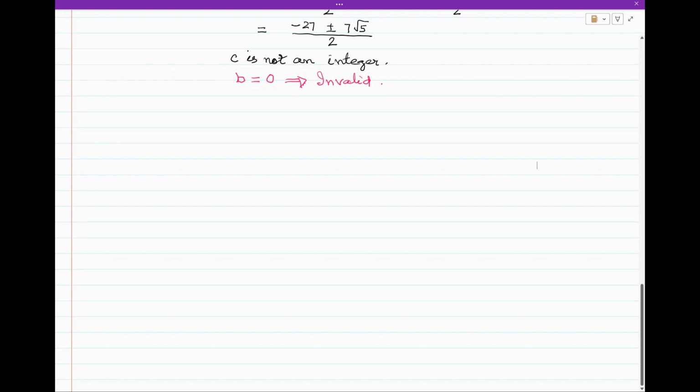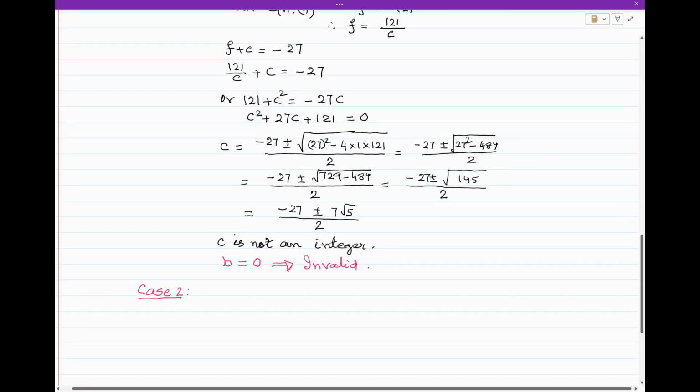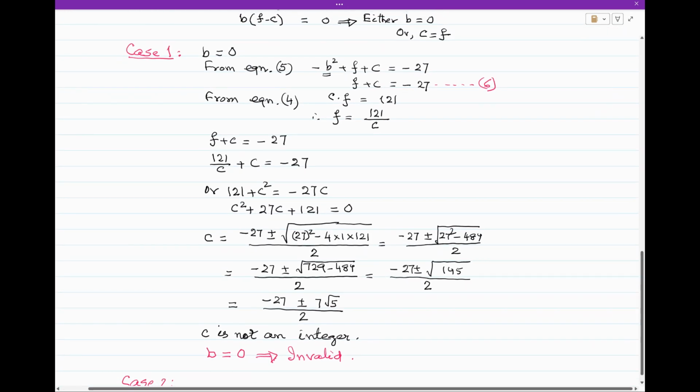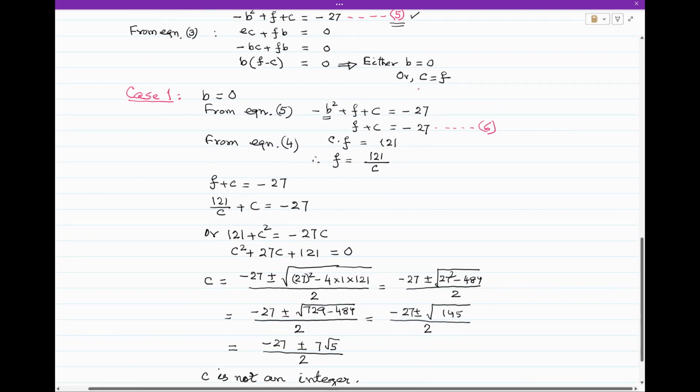Let us now examine the case when f is equal to C, that is when C is equal to f.